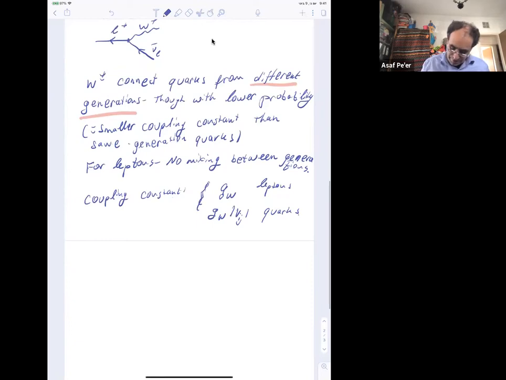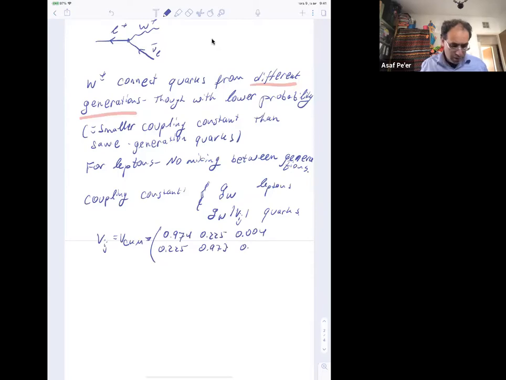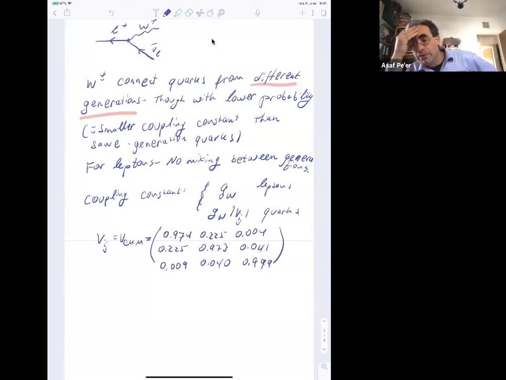And Vij, which is the V_CKM, Cabibbo, Kobayashi, Maskawa. We gave it last time. I just repeat the numbers: 0.974, 0.225, 0.004, 0.225, 0.973, 0.041, 0.009, 0.040, and 0.999. Right, so really it tells you what are the couplings between the different generations.